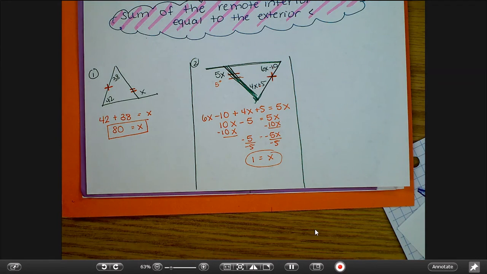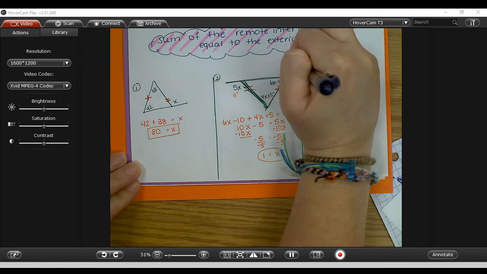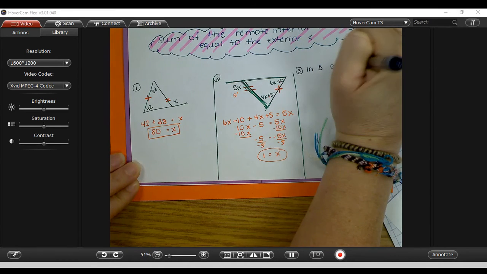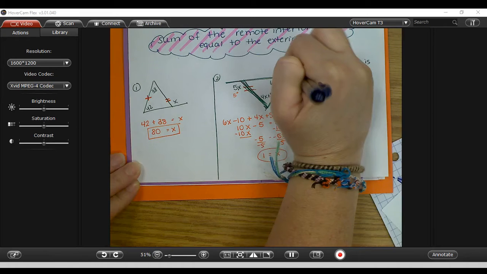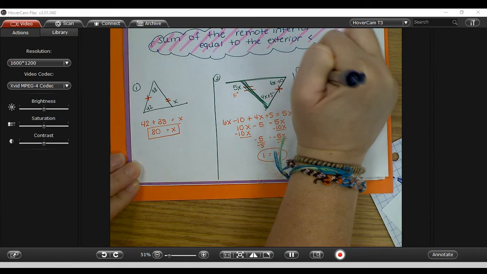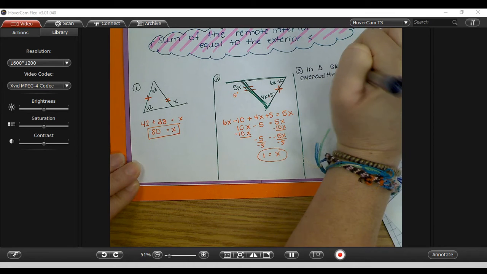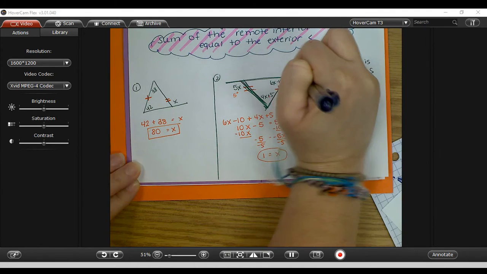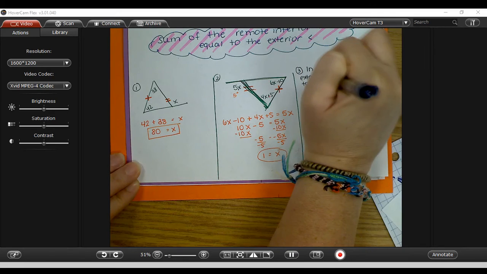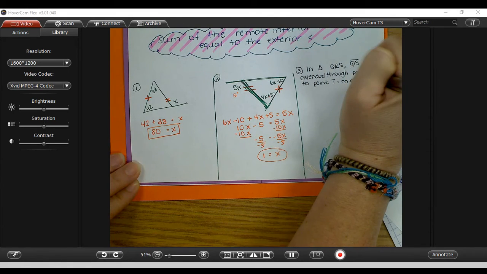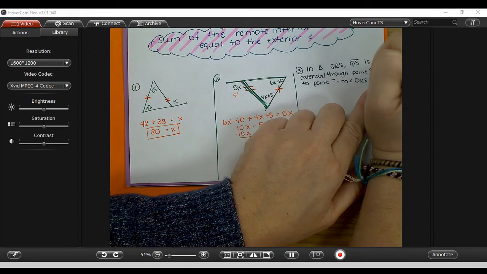And then I'm just going to make up another type of problem. It could say, in triangle QRS, QS is extended through, this is a lot of words, point S to point T. The measure of angle QRS is x plus 8.